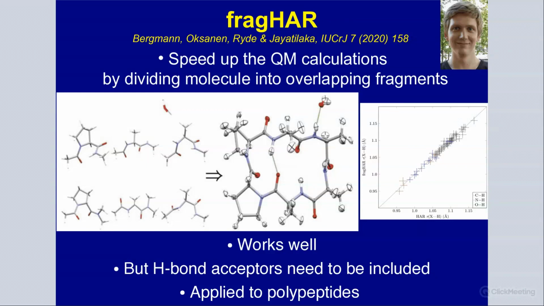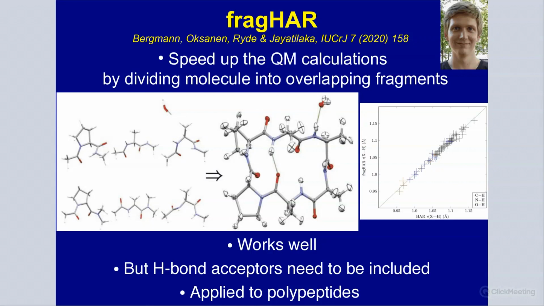And we showed that for polypeptides, this worked excellently if you include hydrogen bond acceptors in the calculations. So then we can get very good bond lengths to the hydrogen atoms.